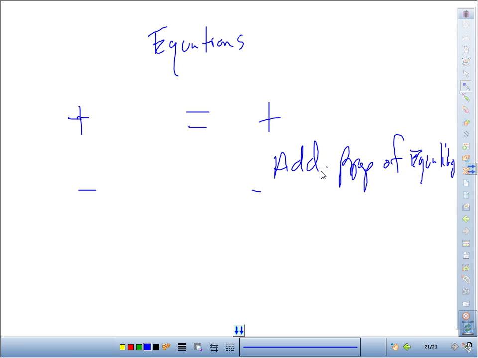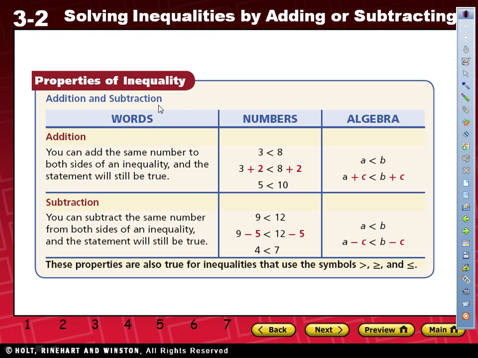Subtraction property of equality. How about when we multiply each side? Multiplication property of equality. How about when we divide each side? Division property of equality. Well, today, since we're starting with one-step inequalities, the properties are called the addition property of inequality or the subtraction property of inequality. My bad, inequality, because we're no longer in equations. Is that correct?